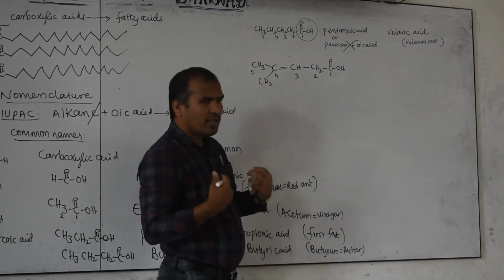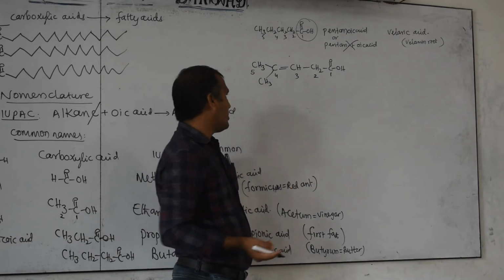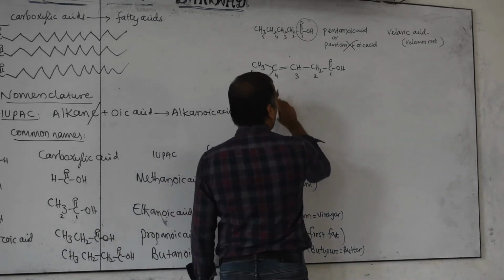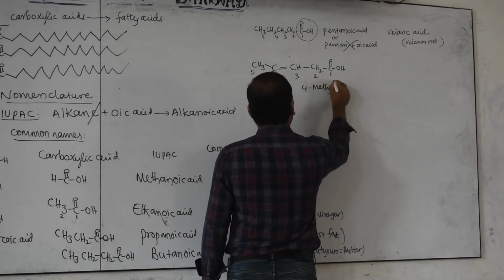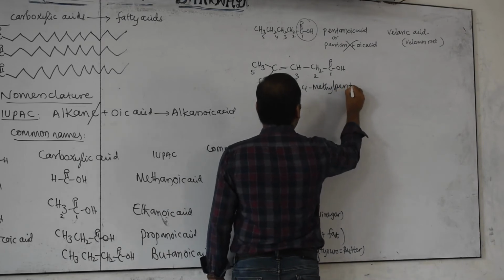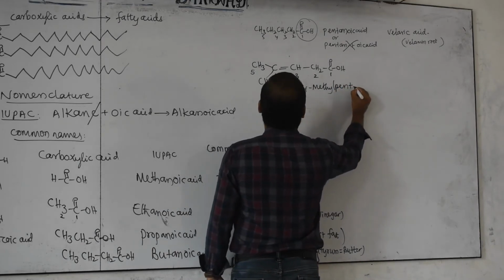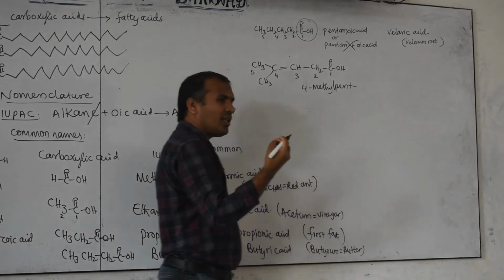Okay. Then first is the substituent name, later the root word, next is the suffix name. That we know from first year. At the fourth position we have this, so 4 methyl. Total 5 carbons are there, pent. Fourth or third position double bond? Third position double bond, because we have to write the least number.